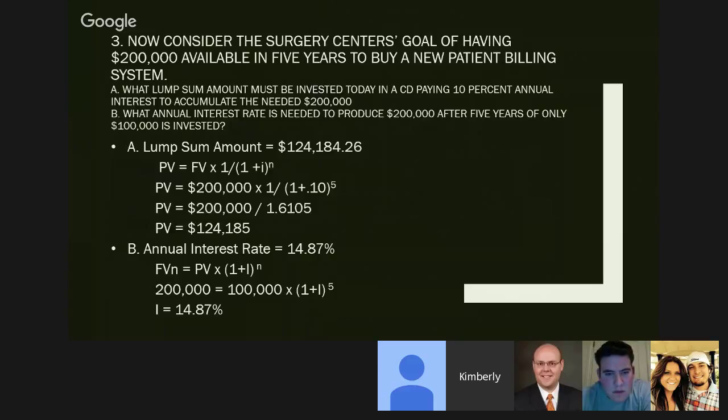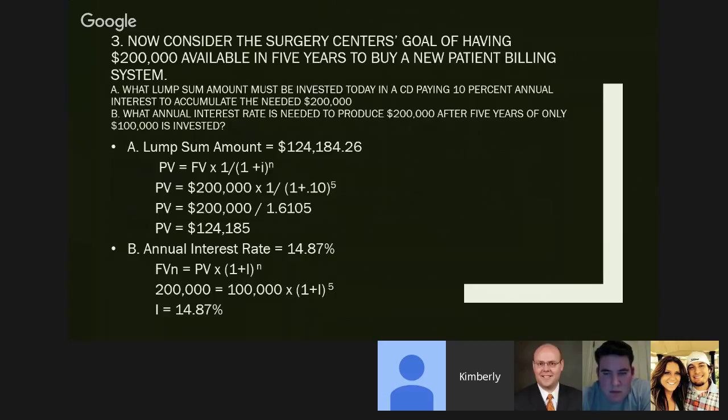We're solving for present value, which you can see in the equation is equal to the future value, the $200,000, divided by 1 plus the interest raised to the number of years. So in the first case, at 10%, that would be $124,185. I meant at 5 years.